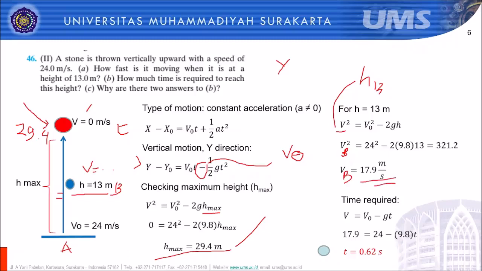It should be slower, slower than 24. This is 17.9, or you can say 18, that's fine as well.